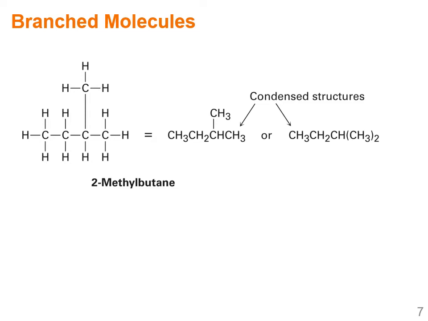Or you can show the condensed structure as CH3, CH2, and then CH up to the 3rd carbon. CH3, CH2, CH. And what's attached to that carbon is 2 CH3 groups, one here and one here. You can show them in parentheses. This means that these 2 CH3 groups are on this carbon. The parentheses indicates that it is on that last carbon.